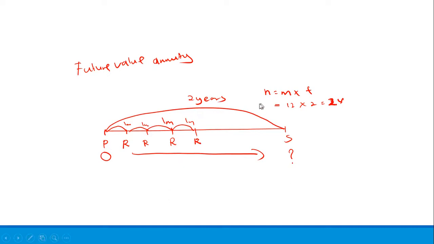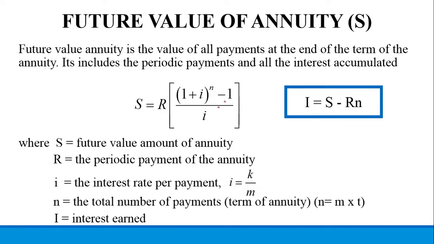So the formula is almost similar. S is the future value, R is the same amount that you pay every month, every year, or every quarter. I is r divided by m, similar to the compounded term.